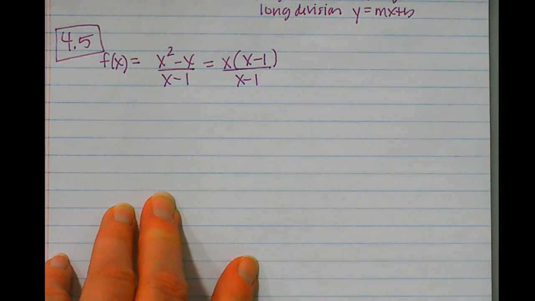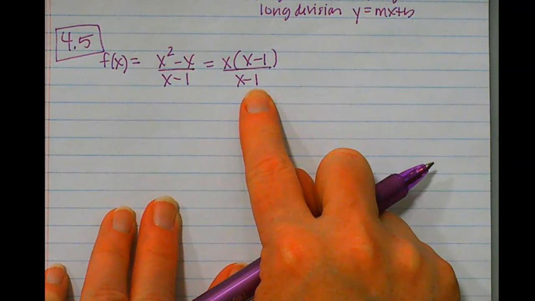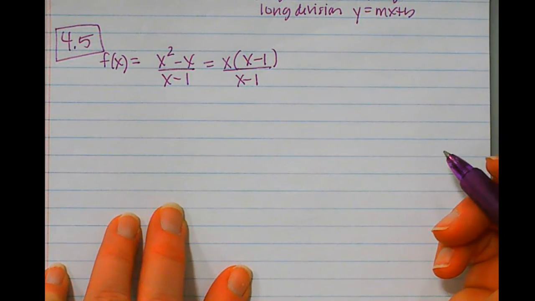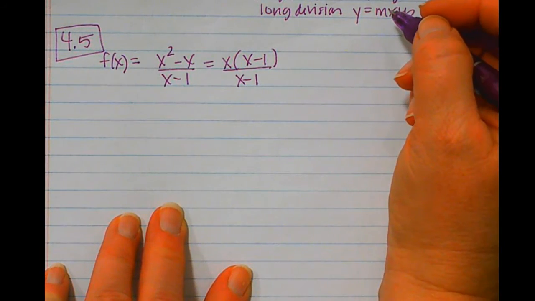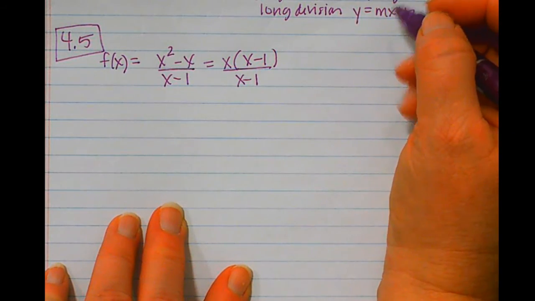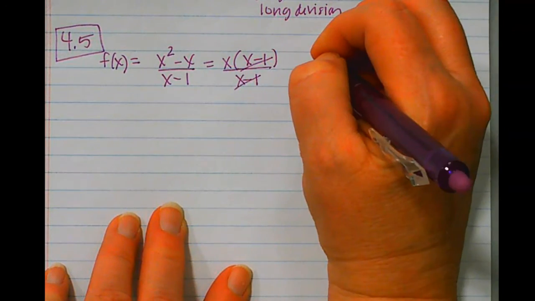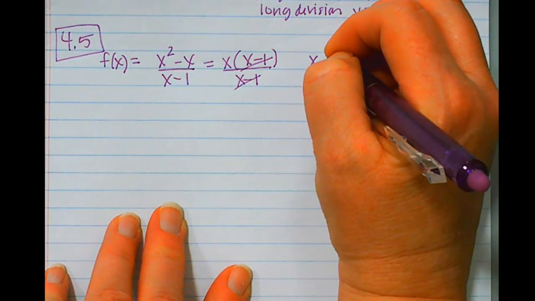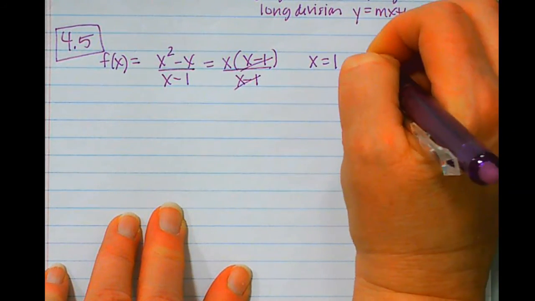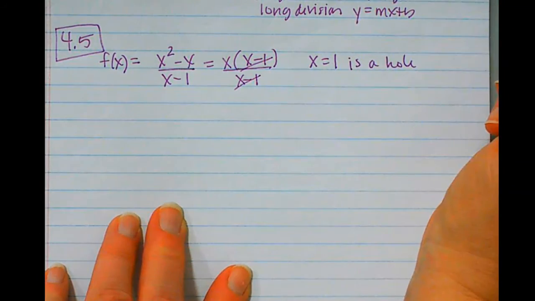So what about that? Is x equals 1 a vertical asymptote or a hole? So these would cancel, and so we know that x equals 1 is a hole in the graph.